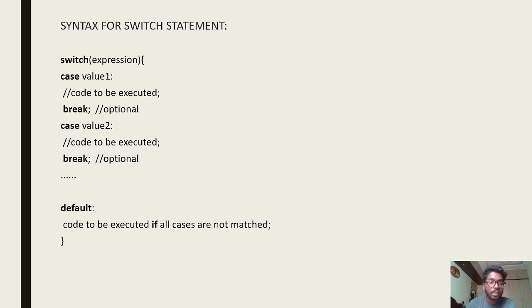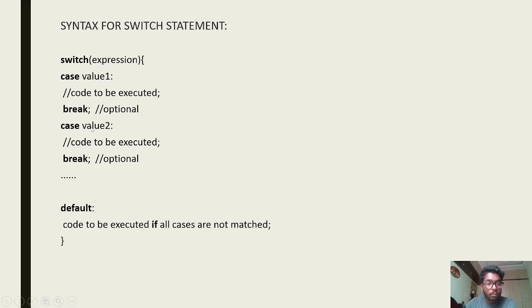So the syntax for this is simple. Switch expression. In the expression, you're basically going to give the condition, and if that condition is true, it's going to execute the value, or else it's going to break. The break statement is used to not completely terminate the program, but it's going to stop and go to the next case to check whether the condition is true or not.